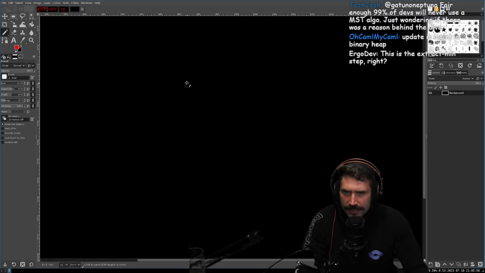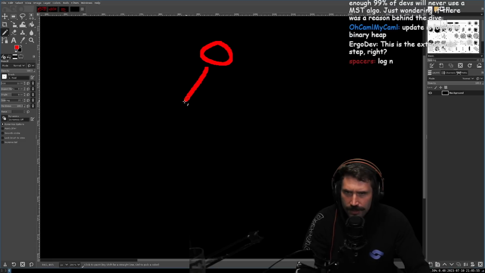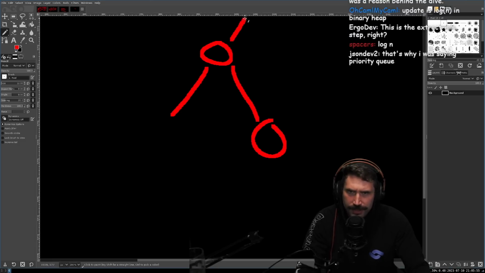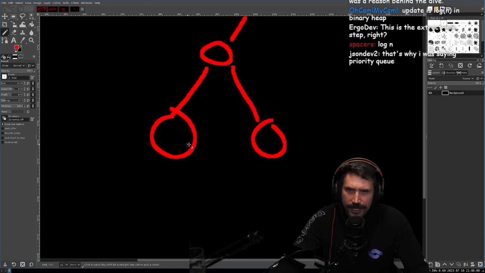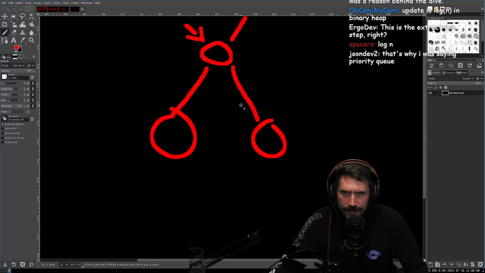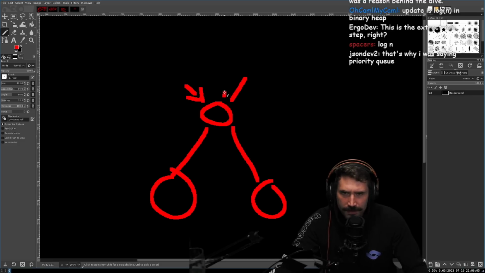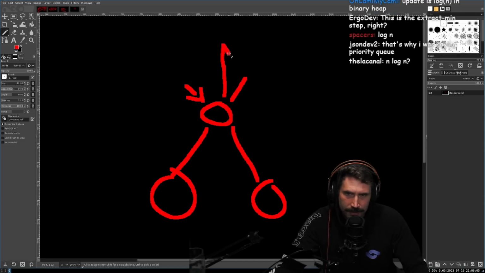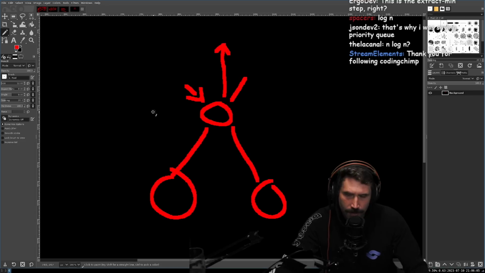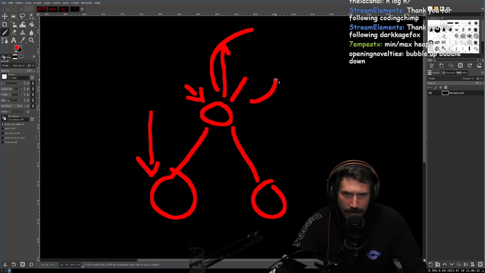Update in a heap is as simple as you go, just pretend this is some part of a tree, right? This is some part of the heap. If I update this value, I simply see if this is a minimum heap. Have I become less than this value? Or have I become more than these values? And if I become less, we just swap, and then I repeat the swap operation, right?